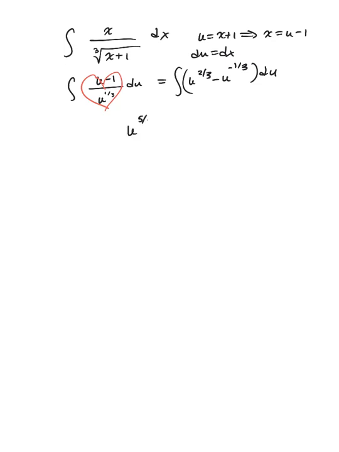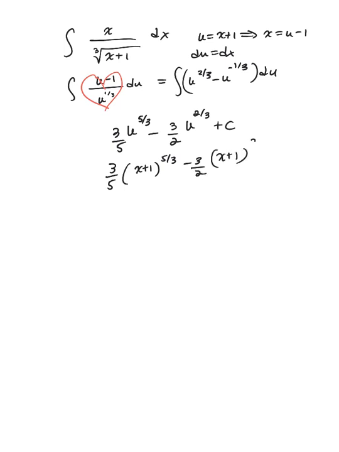U to the 5/3 multiplied by the reciprocal, u to the 2/3 multiplied by the reciprocal plus c, and then you just put your u back in. 3/5 x plus 1 to the 5/3 minus 3/2 x plus 1 to the 2/3 plus c.